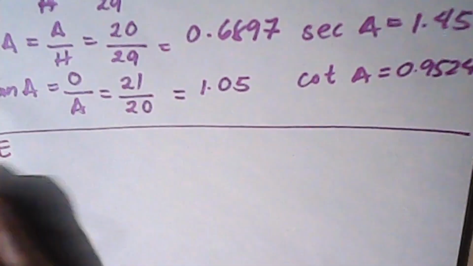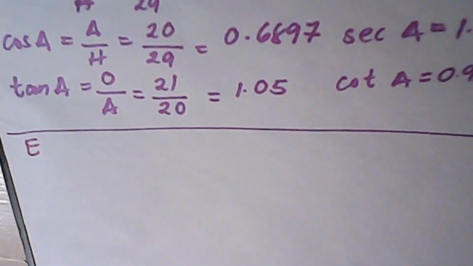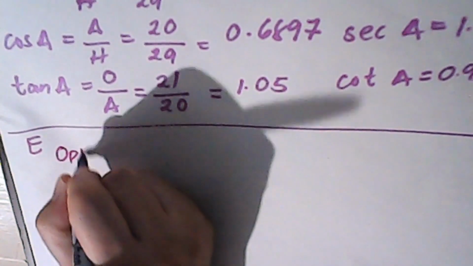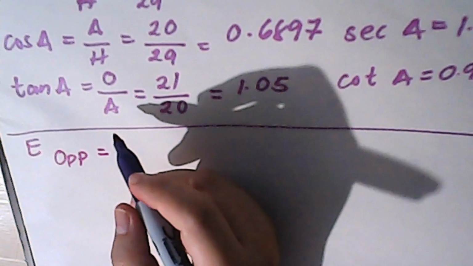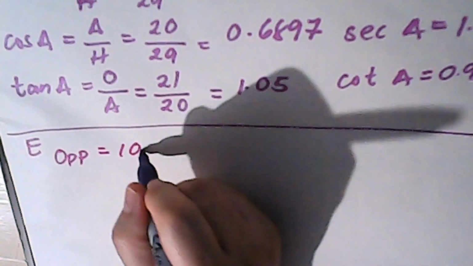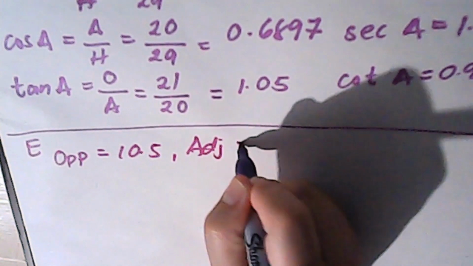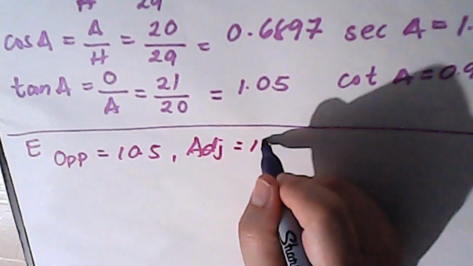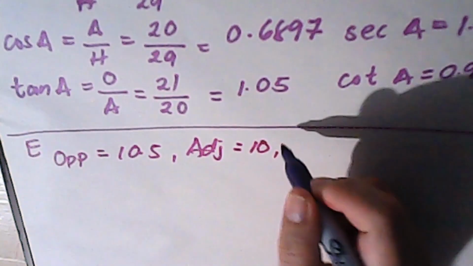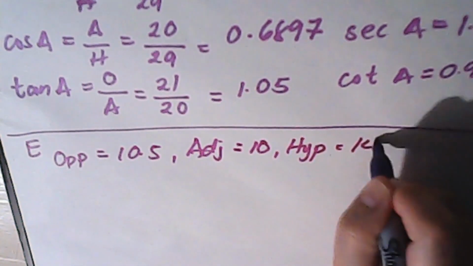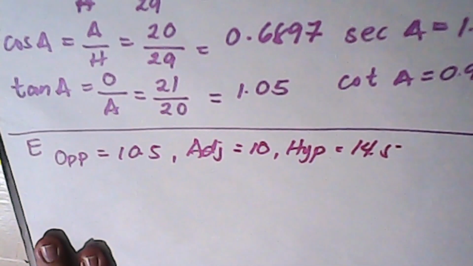For the second triangle, we will be referring to angle E, wherein the sides are the following. The side opposite angle E is 10.5 units. The side adjacent to angle E measures 10 units, and the hypotenuse is 14.5 units.